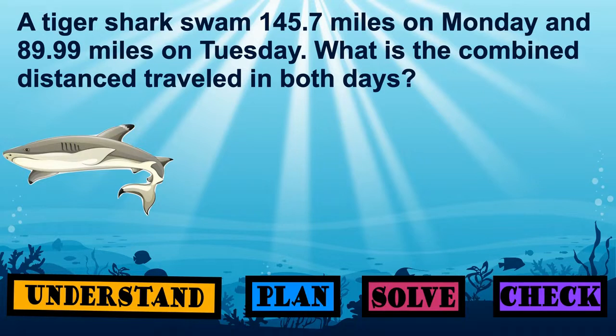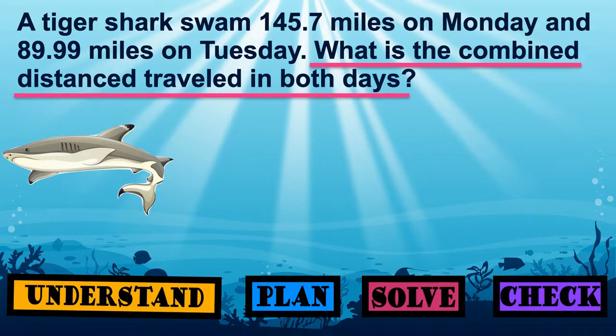Do you see it? Yes, that's correct. What is the combined distance traveled in both days? Now, we need to circle what we know. We know that the tiger shark swam 145 and 7/10 of a mile on Monday and 89 and 99 hundredths of a mile on Tuesday.